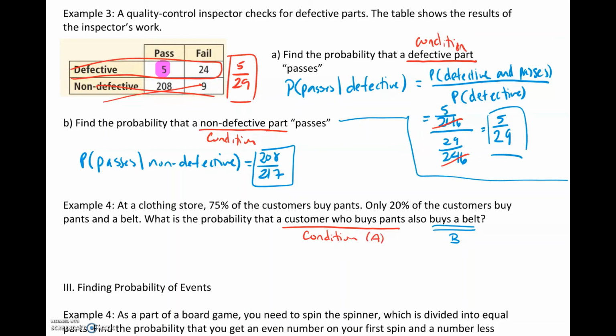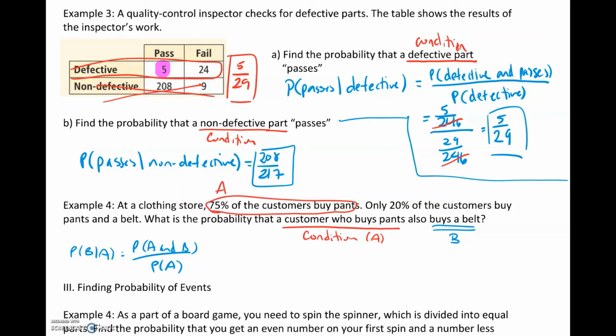So remember the formula: the probability of B given A is the probability of A and B over the probability of just A, which is your condition. Now we want to read through the problem and ask what these percentages actually mean. What is this 75%? Well, 75% are the people who buy pants.